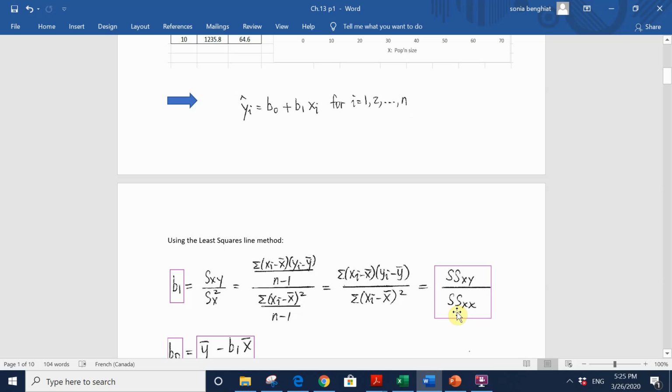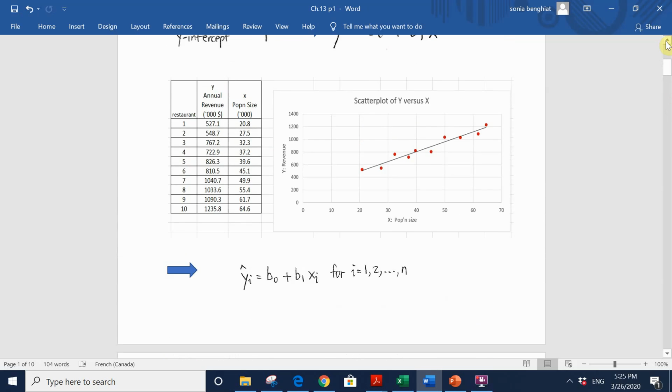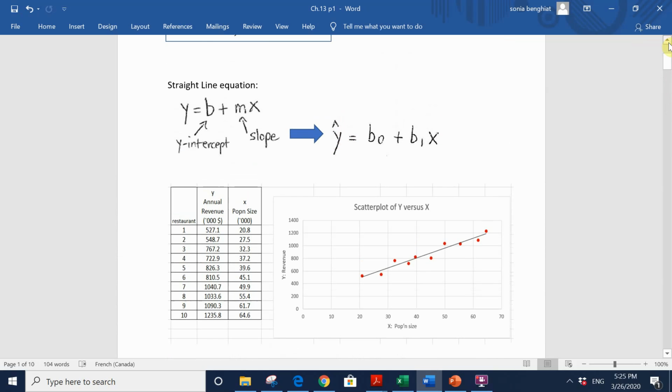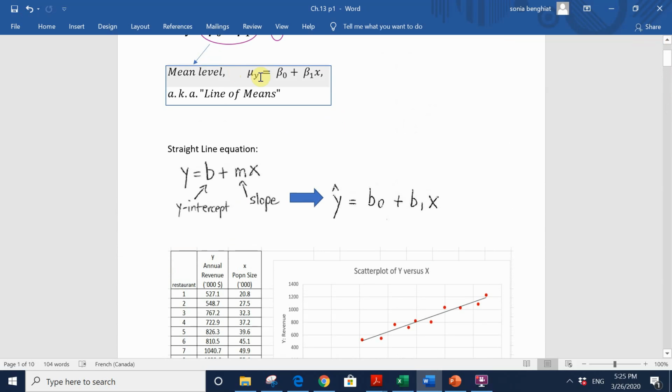Okay. Now, just one point that I want to bring out before I move ahead is that let's not forget here that because I am dealing with sample data, I said here that this y hat serves as a point estimate for mu y, the mean level, which is the population value, and likewise, the B naught and the B1 are also point estimates.